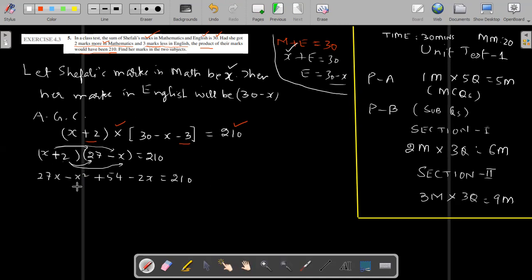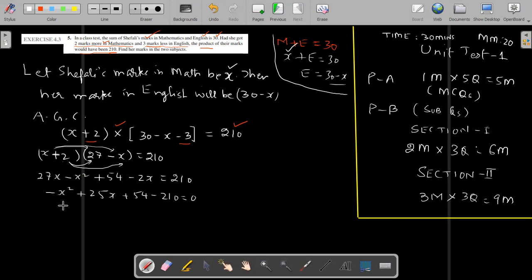Okay, now we get minus x square as it is, 27 minus 2 is 25x, plus 54, and minus 210 brought to the left hand side is equal to 0.